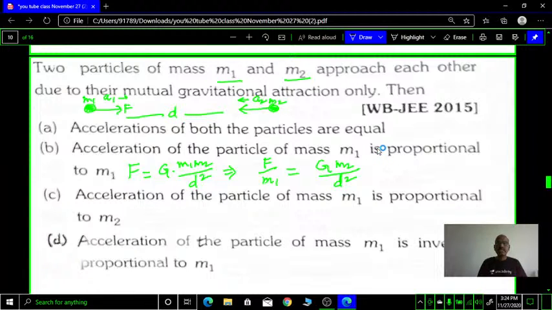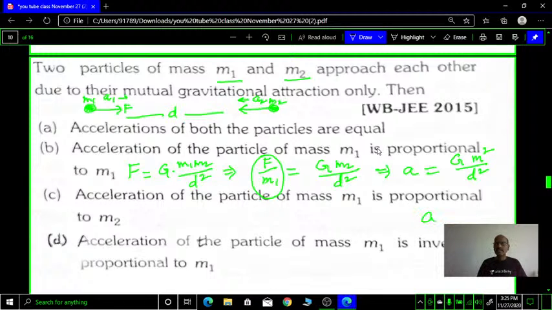What is F by m? F by m is acceleration. F by m1 here is a1, acceleration. Acceleration now equals F by m, G m2 by d square.